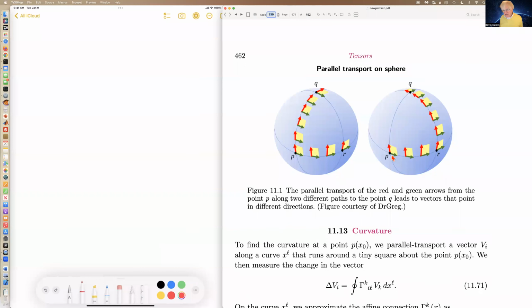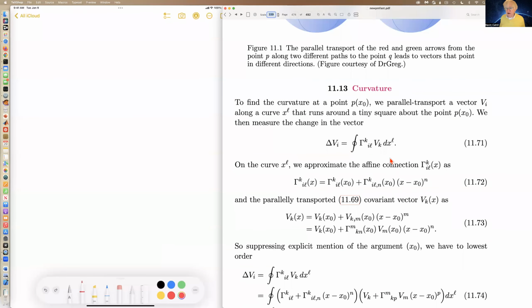And if you parallel transport that back, you see it's perpendicular to the original red arrow that you started with. And so that's an example of parallel transport. Now, what I've done is I've rewritten the curvature section, and I'll post that on the class webpage tonight.